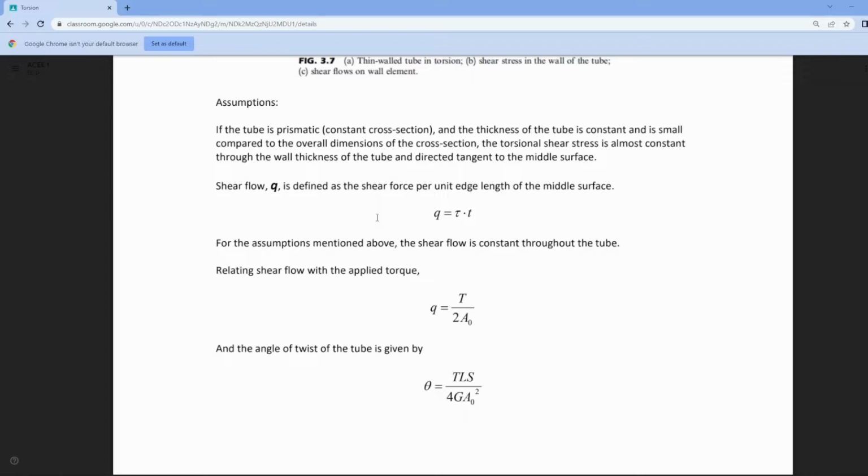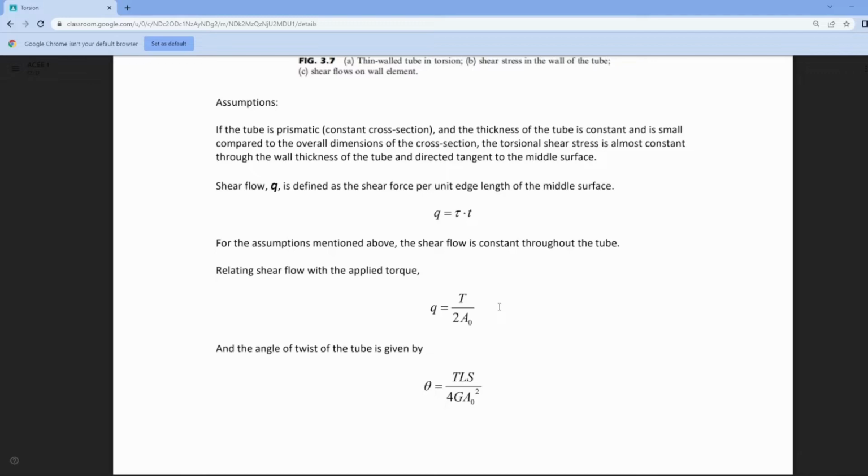The notation for shear flow is q. It is defined as the shear force per unit edge length of the middle surface. That's why our formula for shear flow is equal to tau times T. For the assumptions mentioned above, the shear flow is constant throughout the tube.